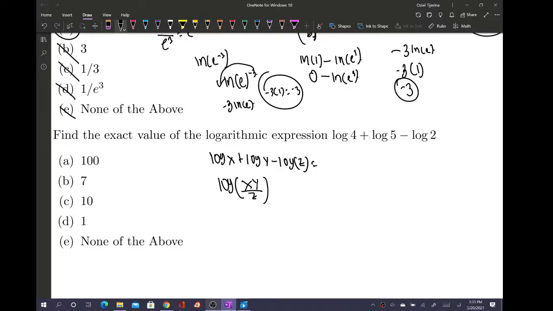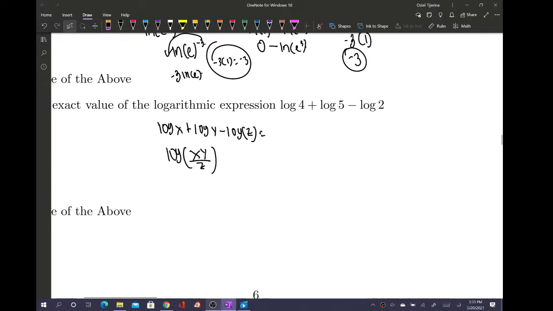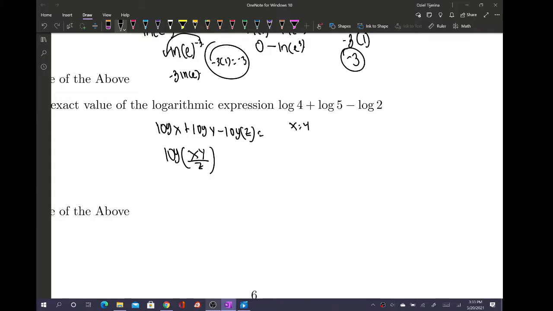Given this, x equals 4, y equals 5, and z equals 2. So you get log of the quantity 4 times 5 over 2, which is log of 20 over 2, which is log of 10.